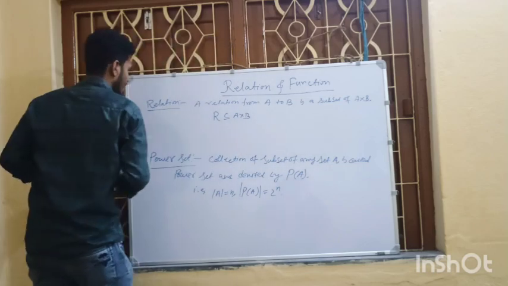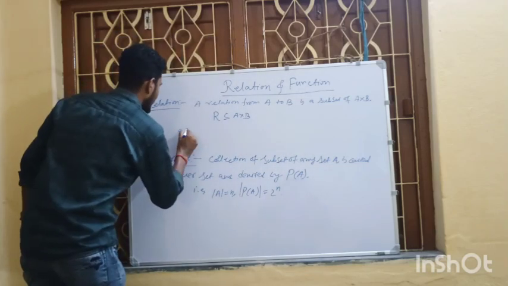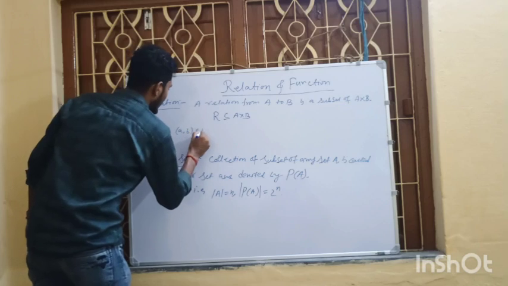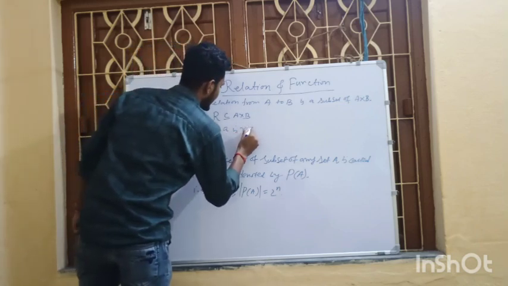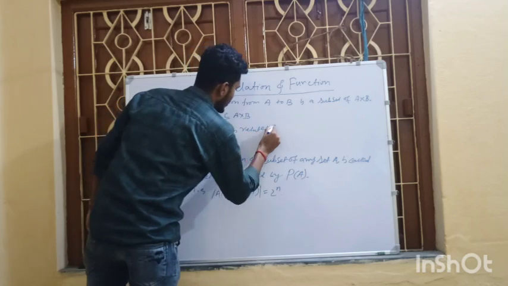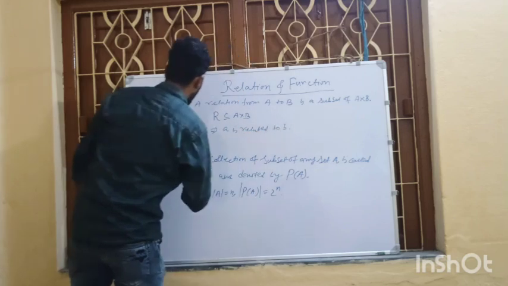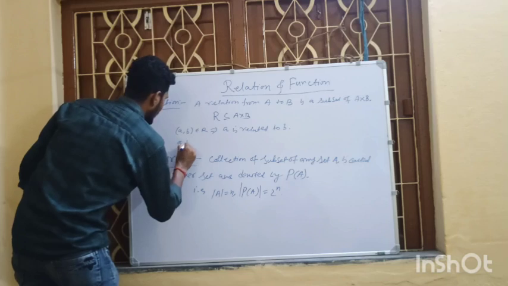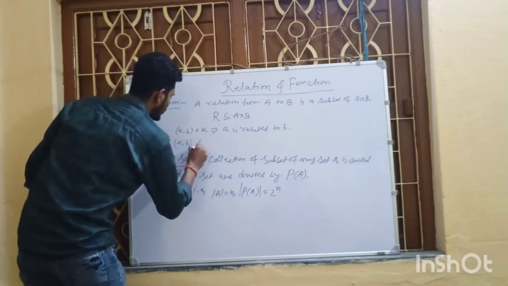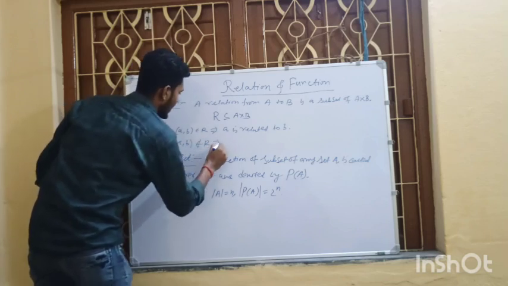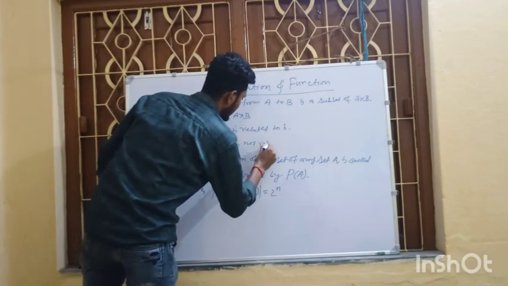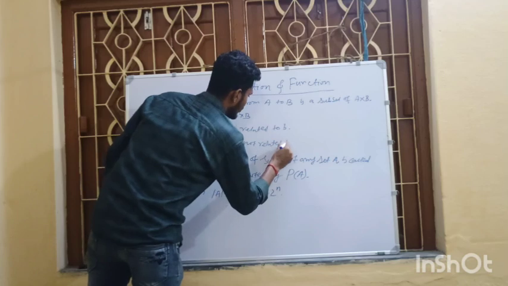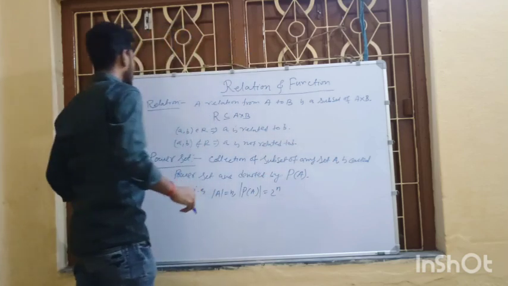If (a, b) belongs to R, this means a is related to b. If (a, b) does not belong to R, this implies a is not related to b actually. Right? Okay?